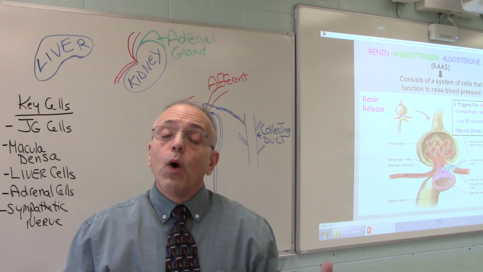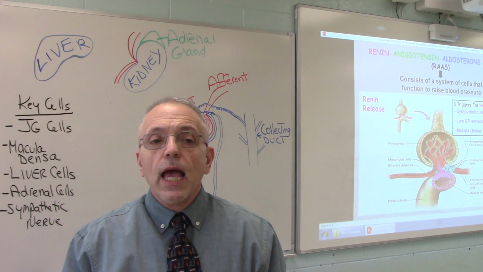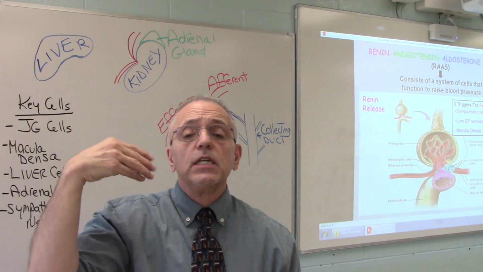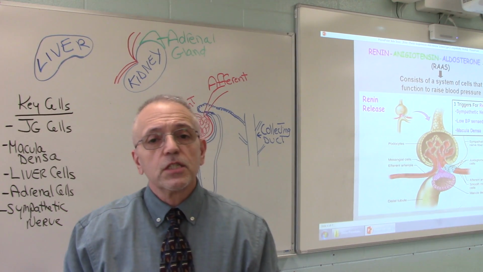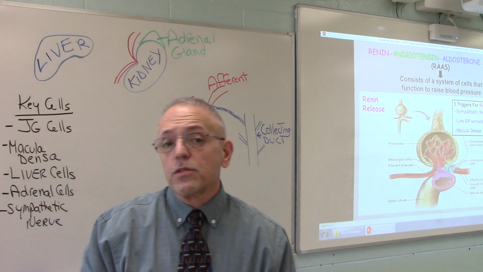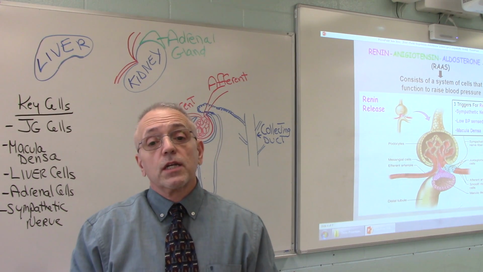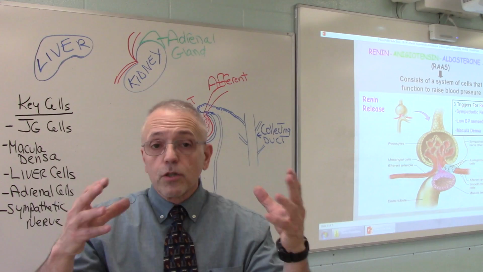How much blood is being released out of the heart each time the heart beats, and with how much ease is the blood allowed to move through the vessels, so-called resistance. Resistance is something that the body can change simply by making the blood vessels either smaller or larger. In other words, the vessels can constrict, and that's called vasoconstriction, or the vessels can get larger, dilate, and that's called vasodilation.